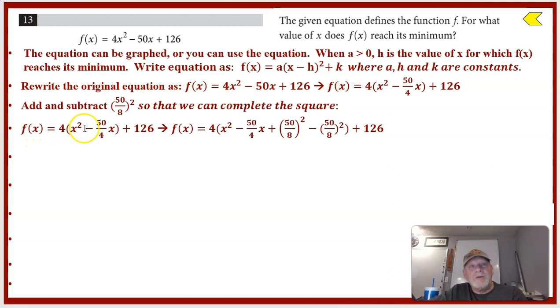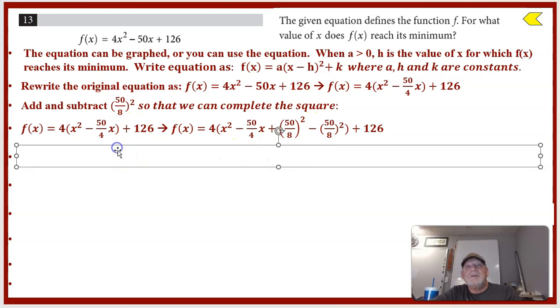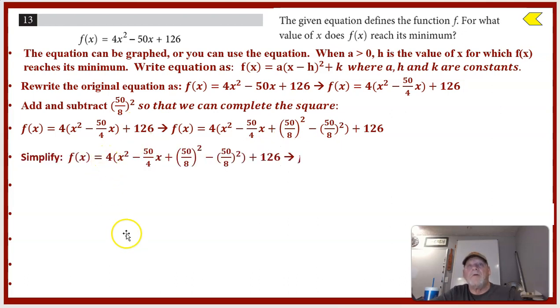So I take my original, rewrite it as 4 times (x squared minus 50/4 x plus), and then I'm going to add (50/8) squared, and then I'm going to subtract (50/8) squared so that this amount right here will be the same as the original one, and then we add 126. So what happens is these two actually cancel out. You haven't done anything different. This is just so that you can complete the square.